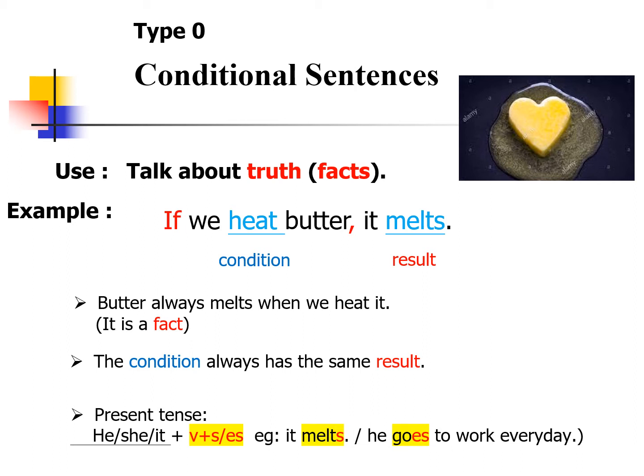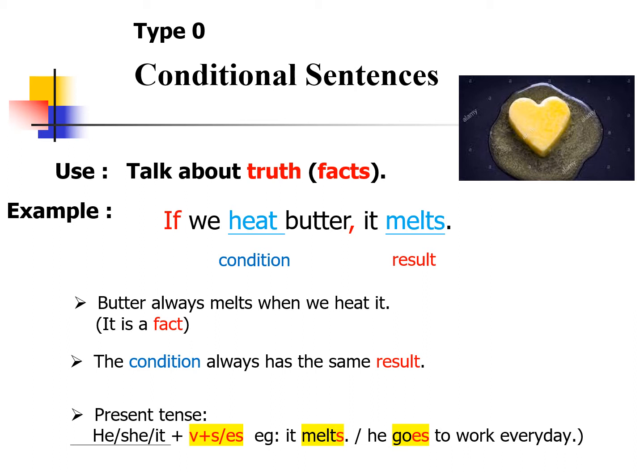So if it is a fact or a truth, then we use type 0. If we heat it, this is the condition, and the result is it melts. In this case, we use type 0.